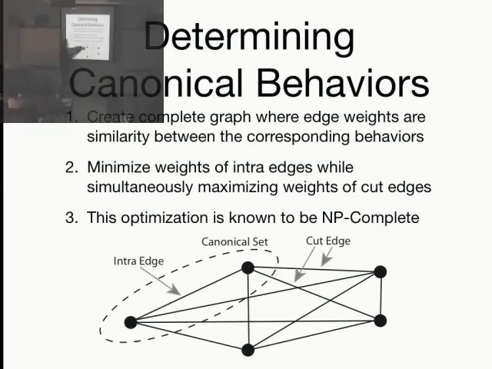We want them to be far apart from each other in our canonical set, the dashed lines. But we want them to be pretty close to each other. And even though this optimization, as I said, is NP-complete, you can set it up as a quadratic program, make a matrix, feed it into MATLAB and get a result which is pretty close to the optimal solution. And that's how I go about doing this.